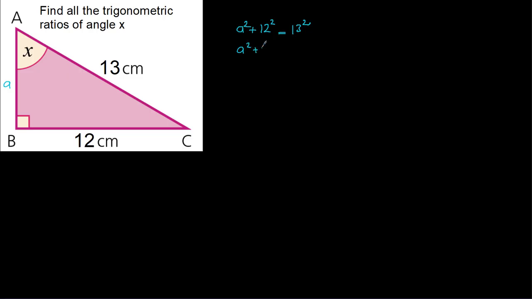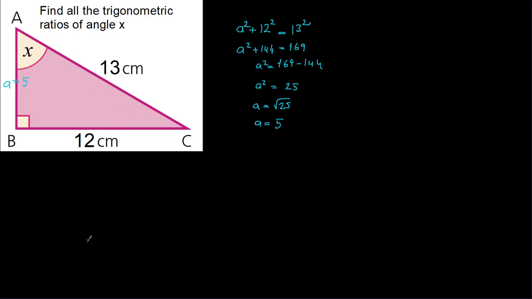A squared plus 144 has to be equal to 169. A squared is equal to 169 minus 144, so a squared is equal to 25, then a should be equal to root of 25, which is 5. Here it's going to be equal to 5.